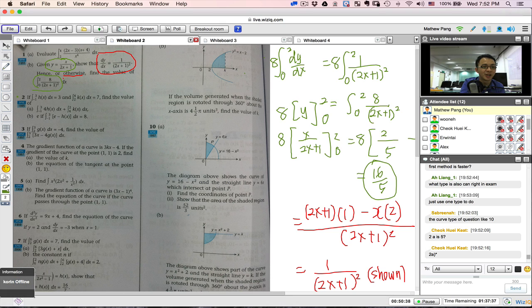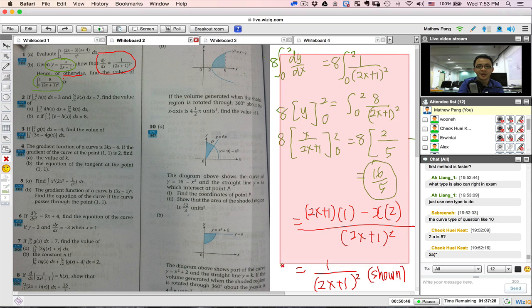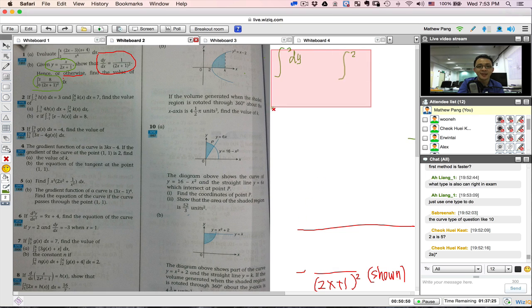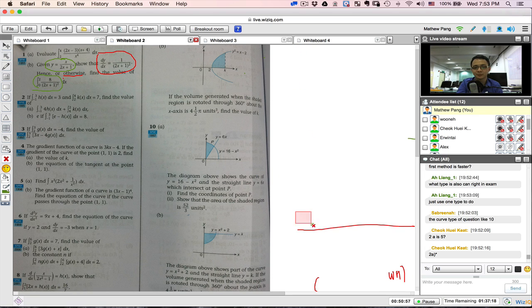Actually I was trying to cut some question over here and put it in the other space. It's fine, let's do it here. Let me just erase some of it. I need more space for number 2 to explain. Let me just cut this one.